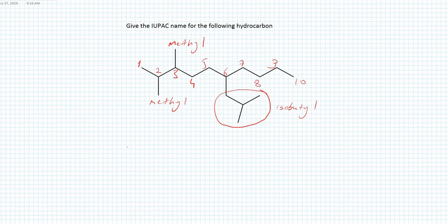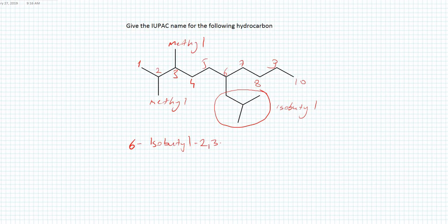So we have to start writing 6-isobutyl. Then we have a methyl substituent at the second and third positions. We have to separate numbers from the alkyl groups with a hyphen. 2, 3, we have to place a comma in between numbers.